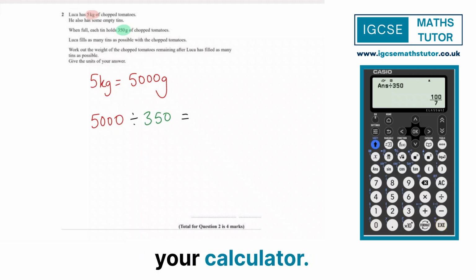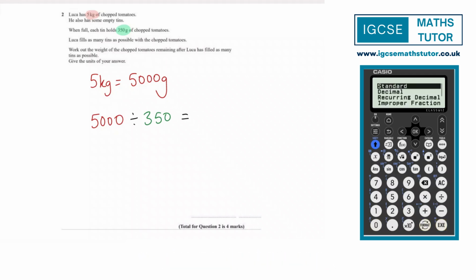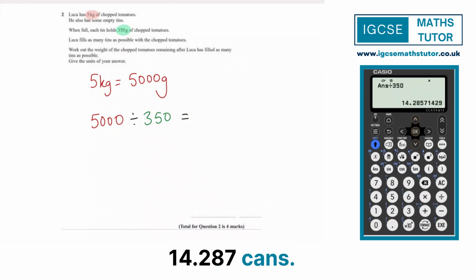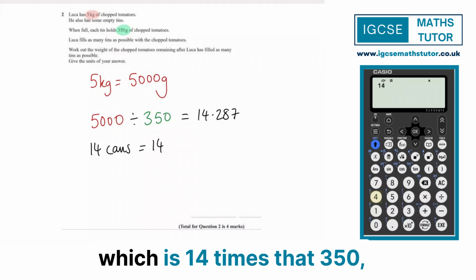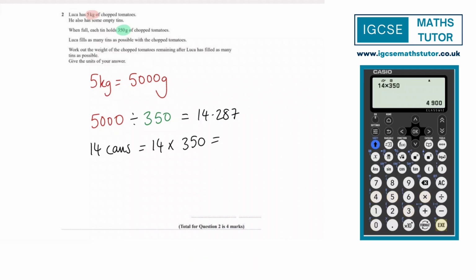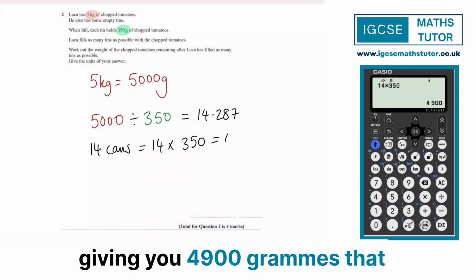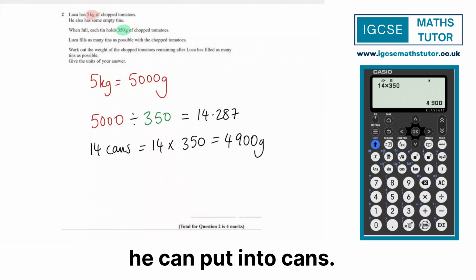Again, make sure you use your calculator. And we get 14.287 cans. So that's 14 cans, which is 14 times that 350 again, giving you 4,900 grams that he can put into cans.